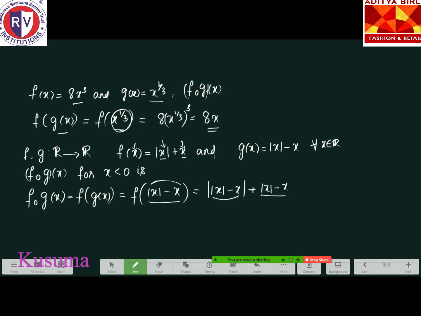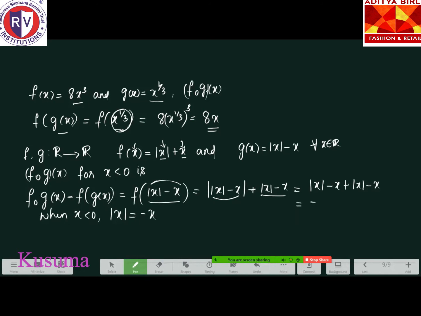Now this will be nothing but mod x minus x plus mod x minus x. And it is given that we have to find the value whenever x is less than 0, right? When x is less than 0, mod x will be equal to minus x.